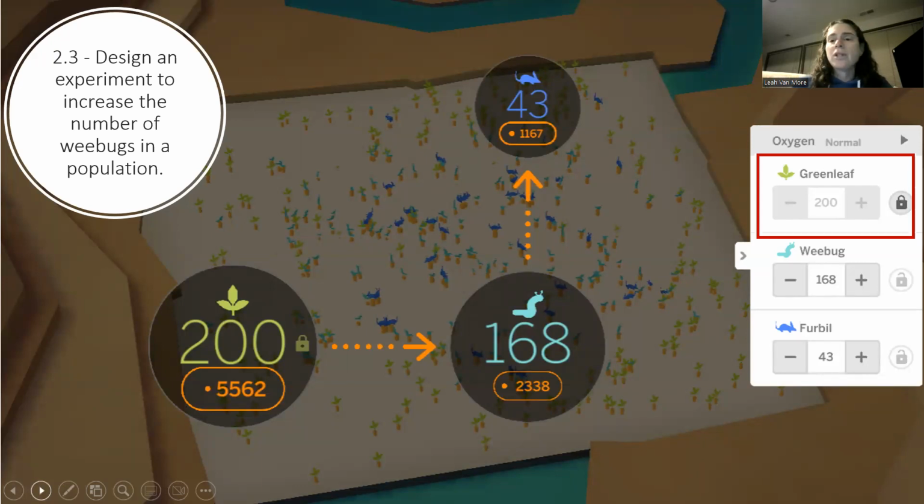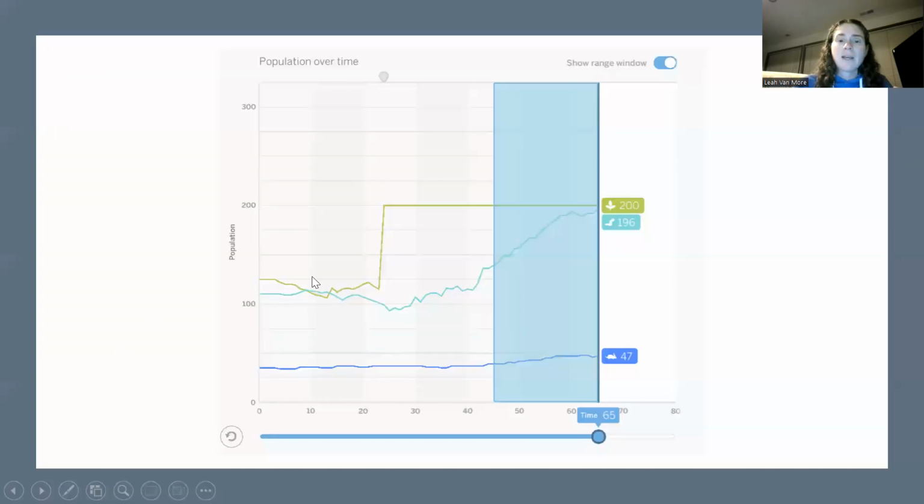If you go through the lesson, what you essentially have to do is increase the number of green leaves, and then you lock that. So again, those teachers who are familiar with this lesson, you're probably like, oh yeah, I've got that, right? So I increased the number of green leaves to 200. I then locked it. I ran my sim for a certain amount of time. And as you can see, here were the populations before I increased the number of green leaves and locked it.